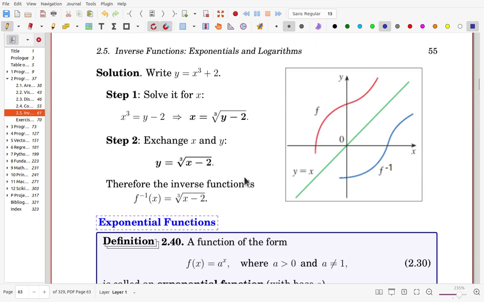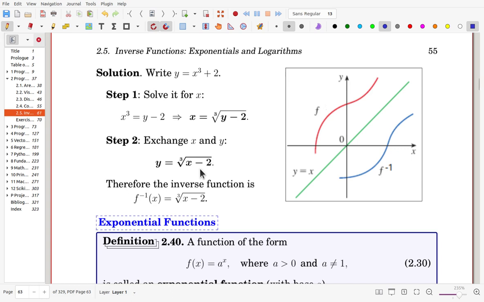Let's see this function, y equals x cubed plus 2. To find its inverse, solve it for x, and then exchange x and y. Then we have this one.